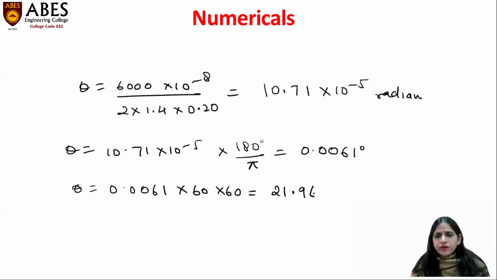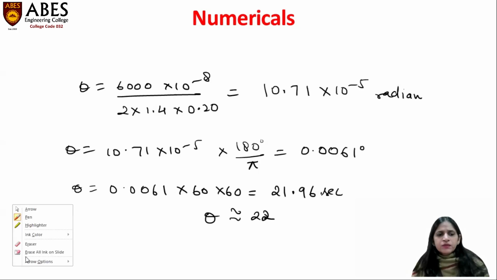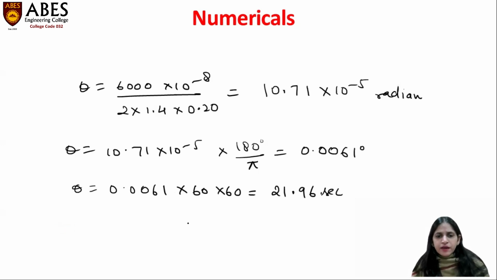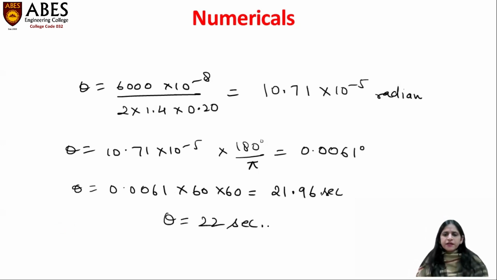So it is 20.196 seconds, or nearly theta is equal to 22 seconds. So this is the answer for this numerical, and this is the manner of solving this numerical, 22 seconds, right?